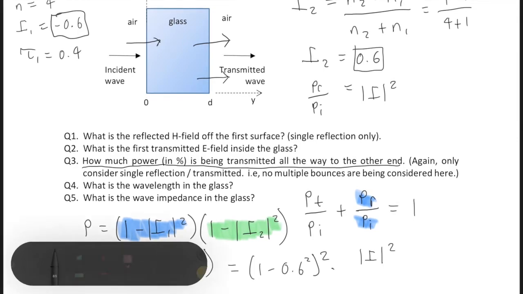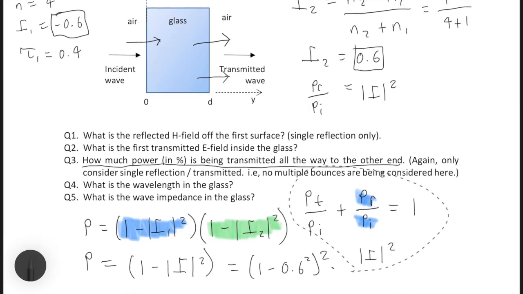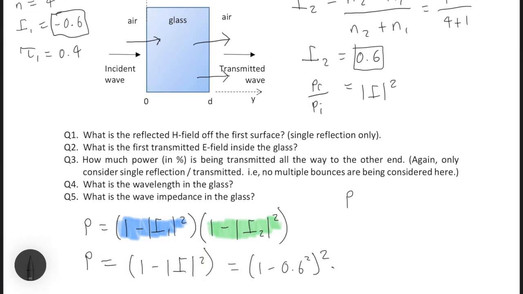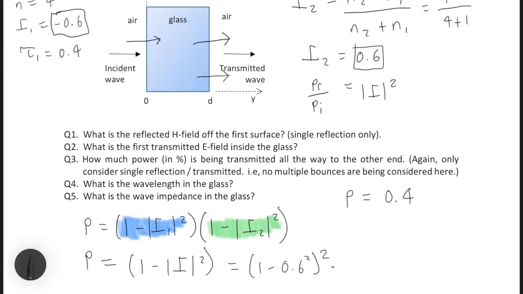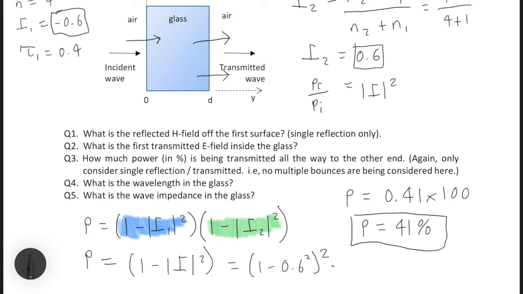And what we end up getting is a value of power transmitted equal to 0.41, and the power transmitted is going to be 41%. So we just multiply this value by 100, and that will tell us the amount that's transmitted through the glass, assuming that there are no multiple bounces being considered.